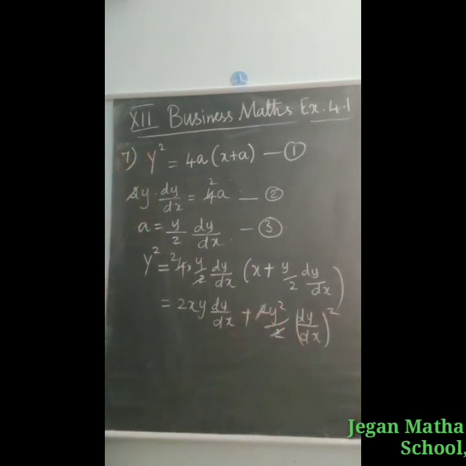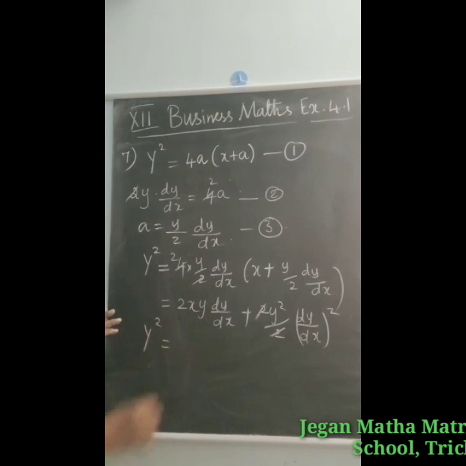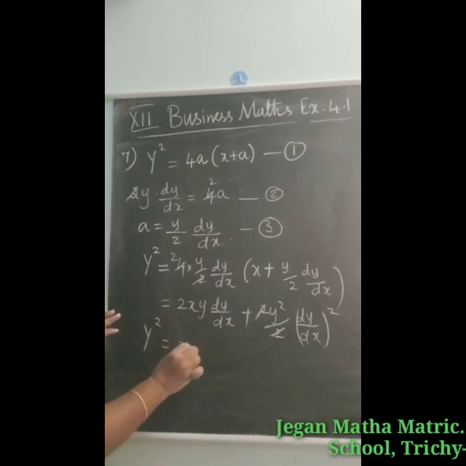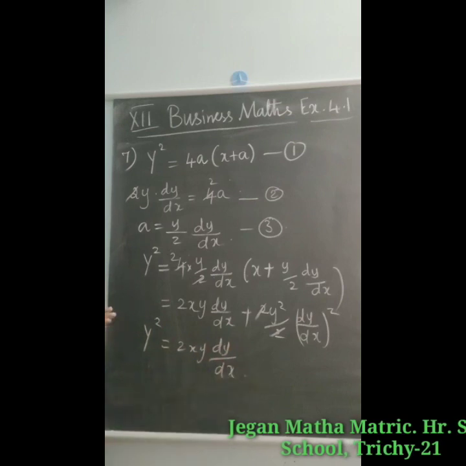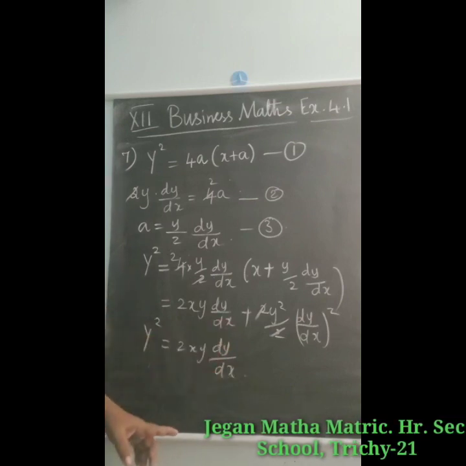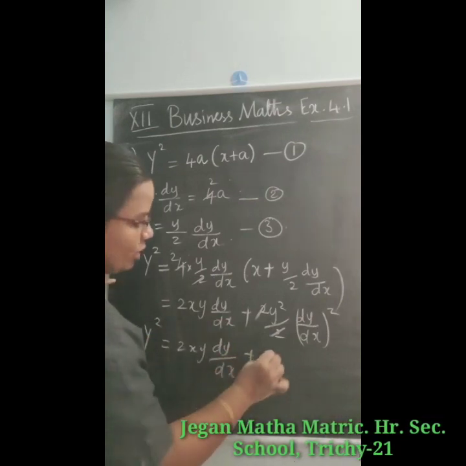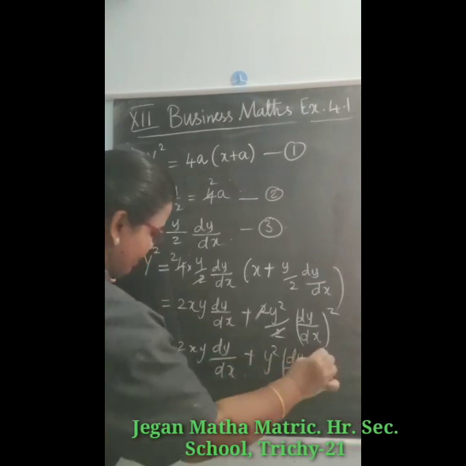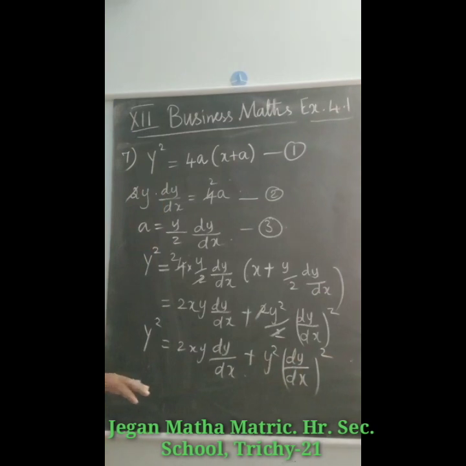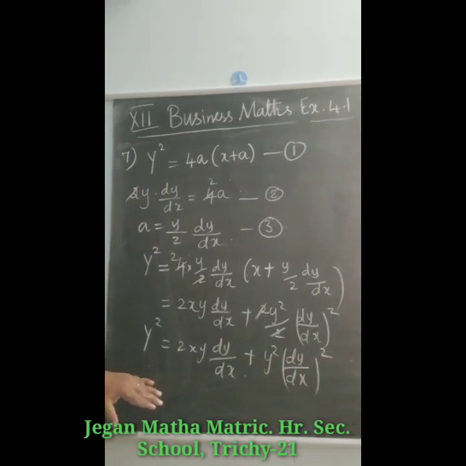Here 2 cancels. So what is the remaining term? y squared is equal to 2xy into dy by dx plus y squared into dy by dx the whole squared. So this is the required equation.